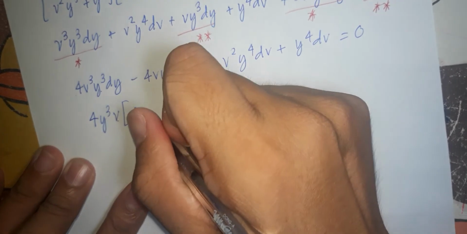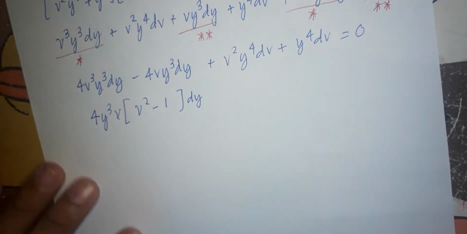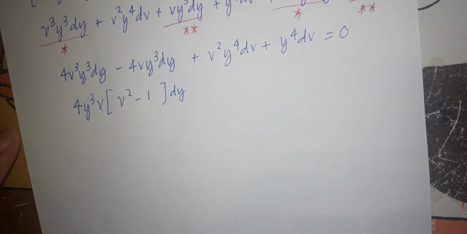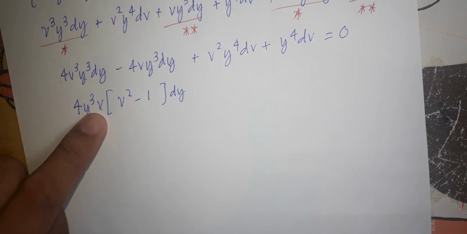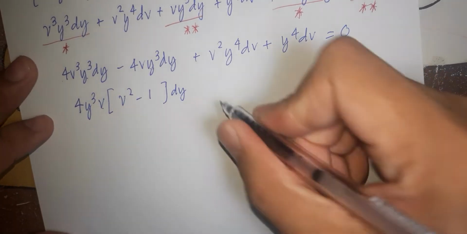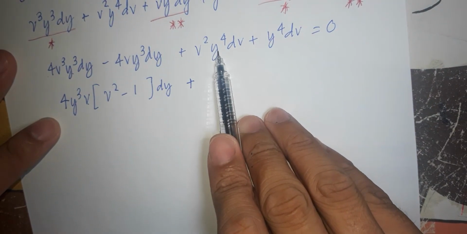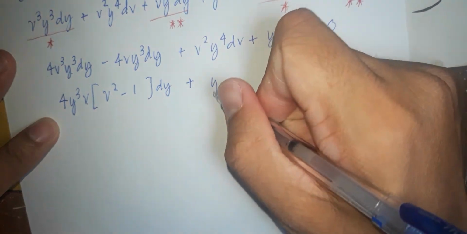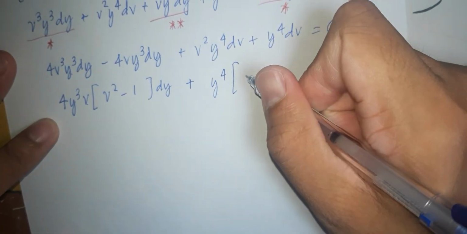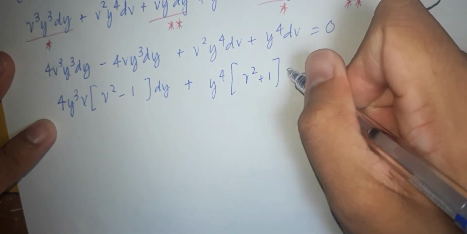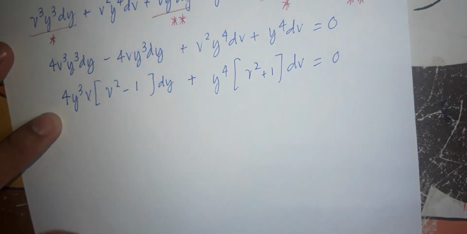So this gives you v squared minus 1. That v cube divided by v is v squared, and then this is actually your common factor. Plus v squared, and then you have here y to the fourth is common. That gives you v squared plus 1 dv is also common, so that is equal to 0.